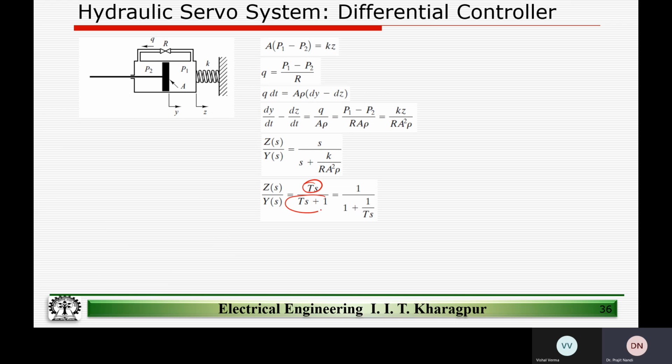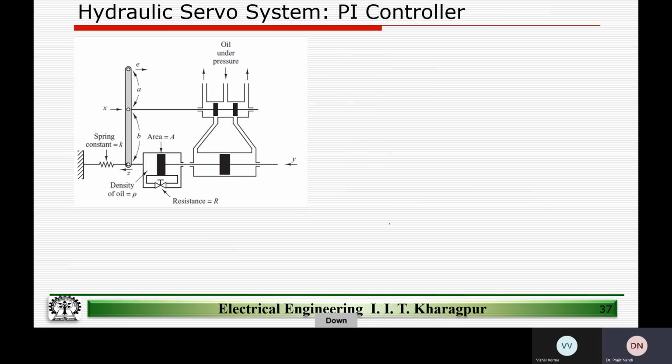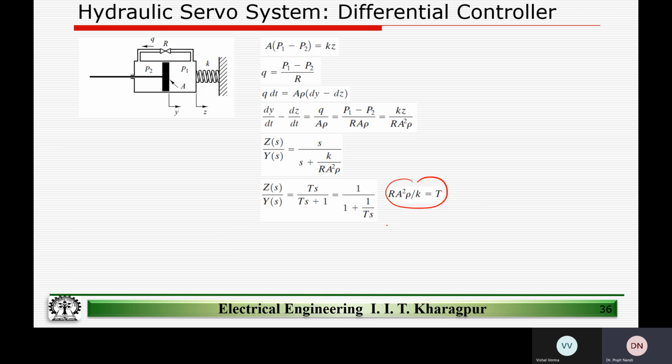We have a zero here and a pole coming here. If I rearrange and ensure that T is pretty small, sorry, I missed a final step: if T is pretty small, then Z(s)/Y(s) is approximately equal to Ts, where T is given by this constant.